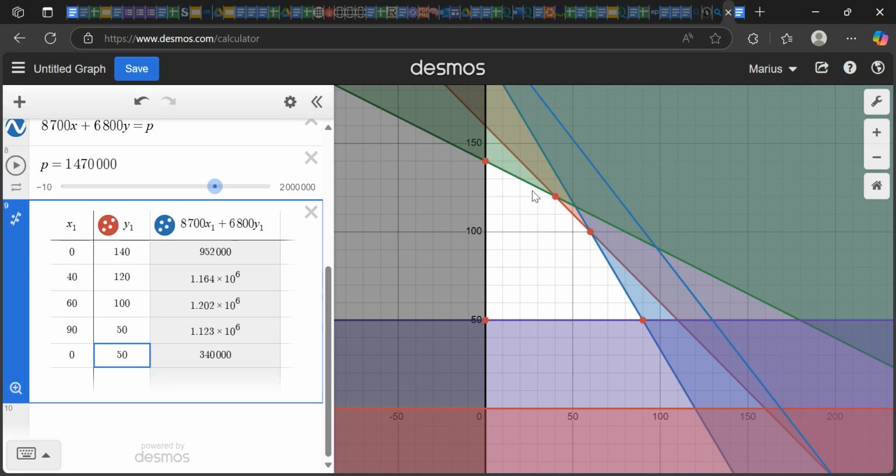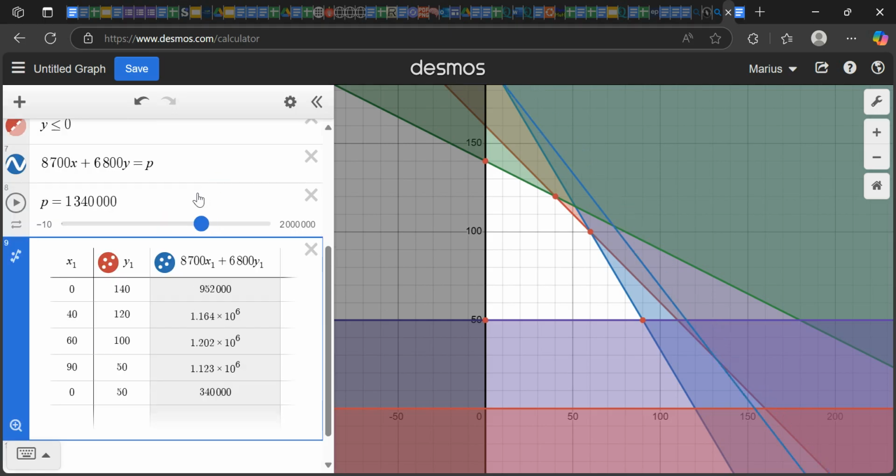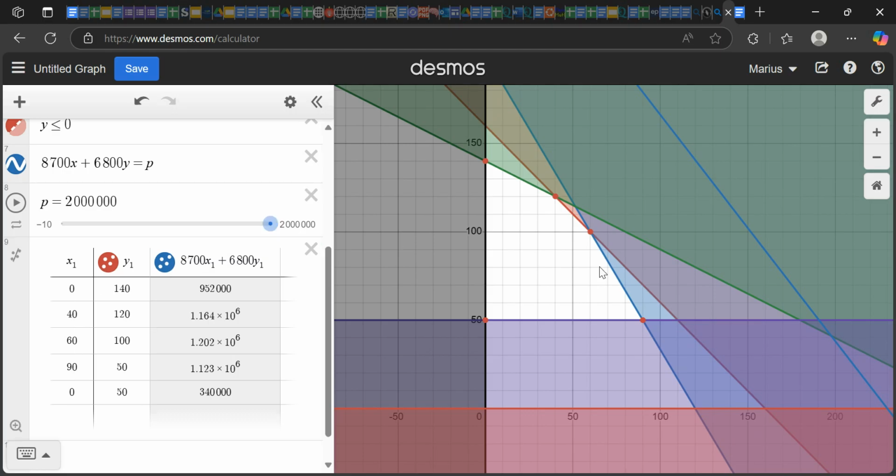Yes? Because if it is parallel to one of the constraints, it will overlap, and along that line I'll have multiple solutions, isn't it? Yes or no?